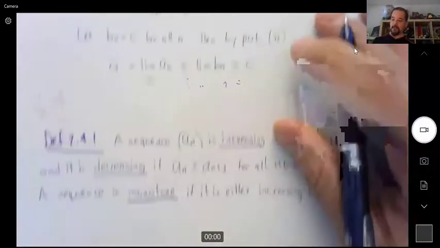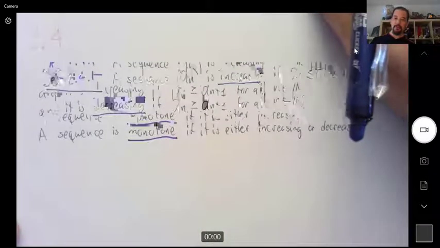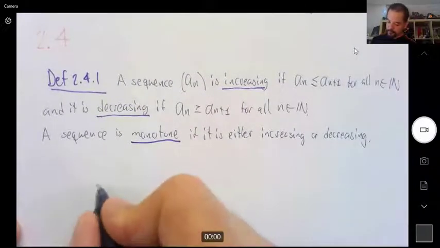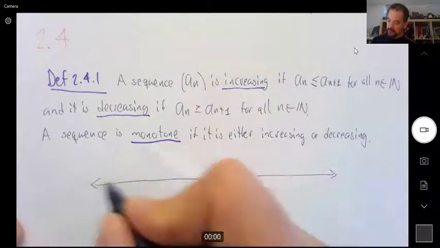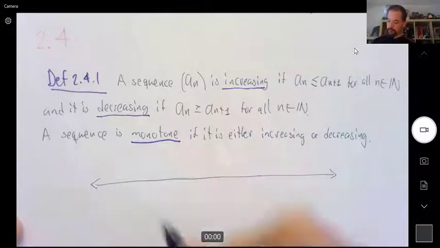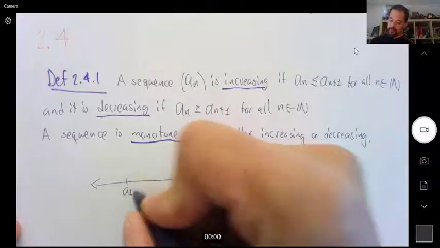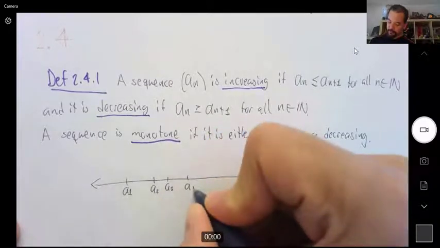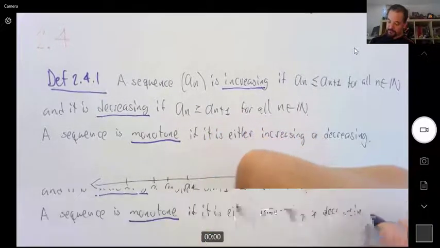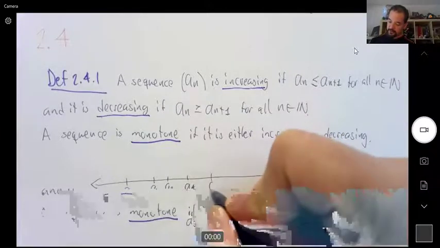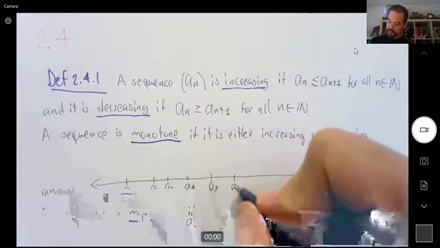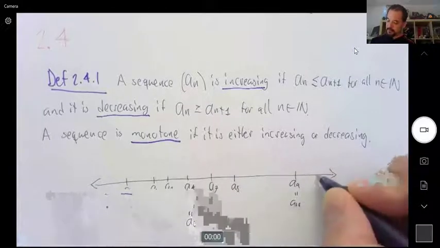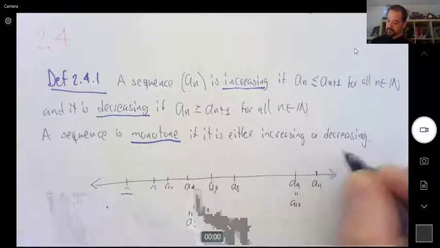Okay, and obviously, there is a reason why we pick those names, right? I mean, how do you picture an increasing sequence? Here's one. So you have A1, and then A2 has to go to the right, and then A3, and then A4. Then maybe it stays there for A5 and A6, and then maybe it keeps going. Maybe a big jump for A9, but then maybe it stays there, and then it keeps going, A11, and so on, right?